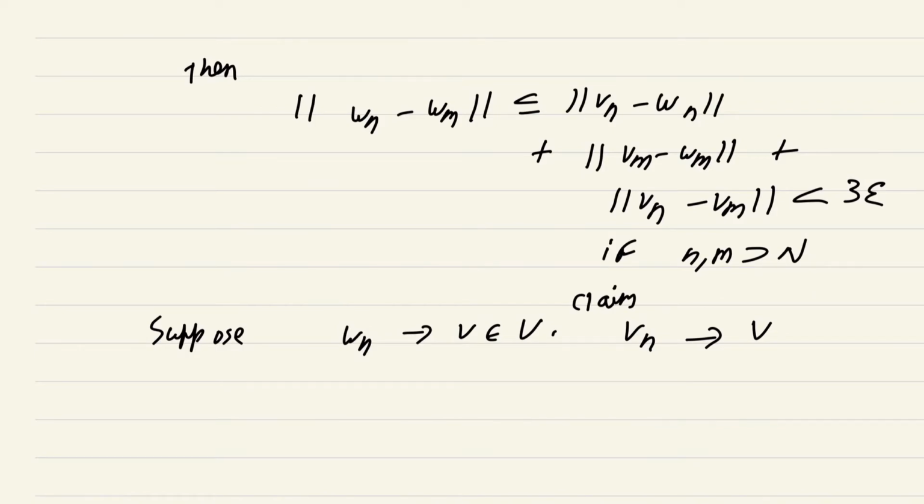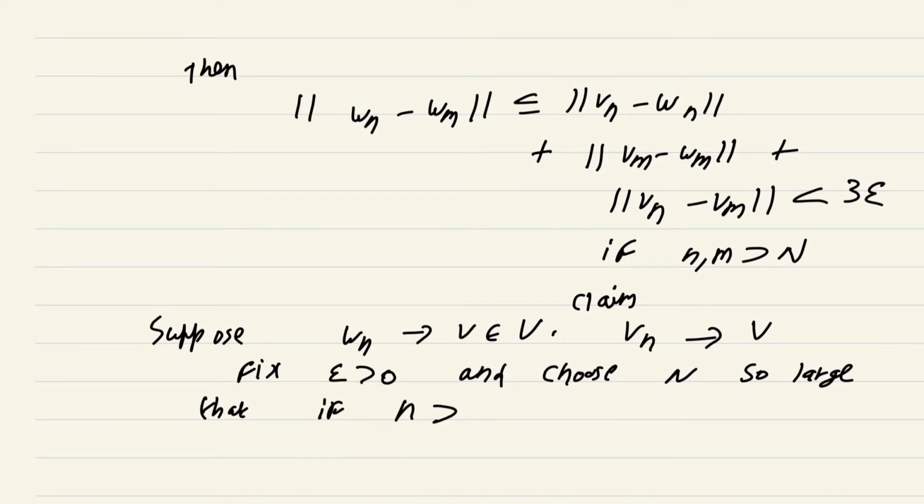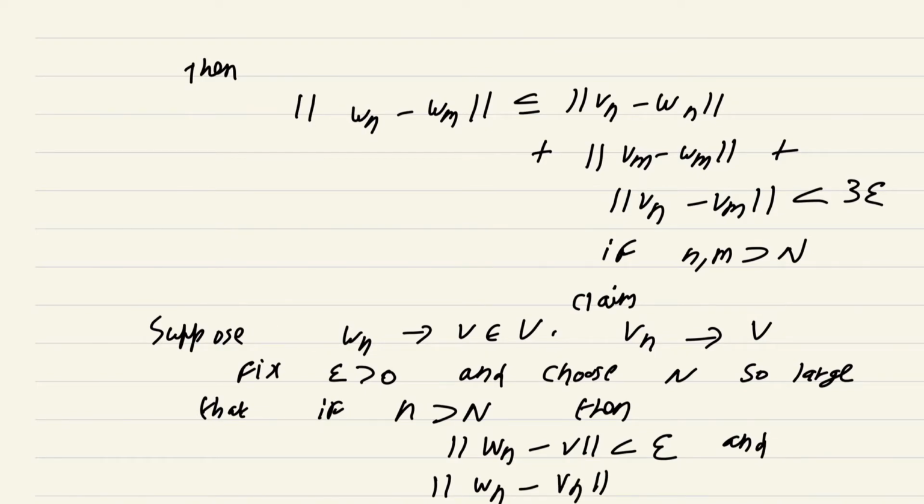So again, fix epsilon greater than 0 and choose N so large that if small n is greater than N, then norm Wn minus V is less than epsilon and norm Wn minus Vn is less than epsilon.